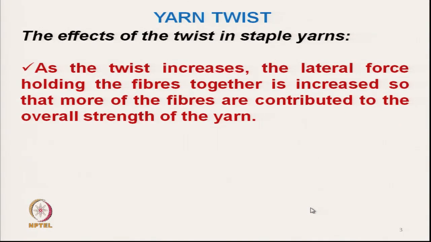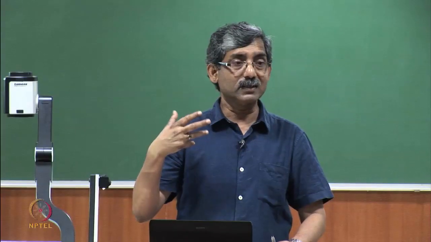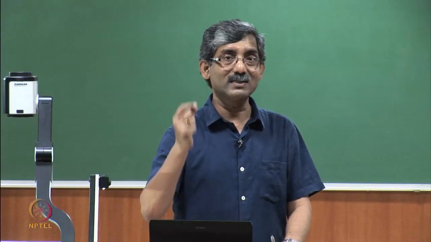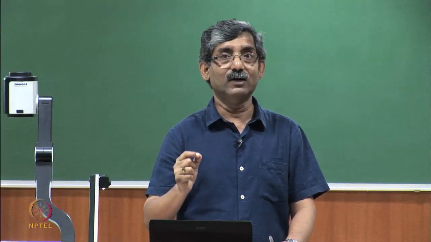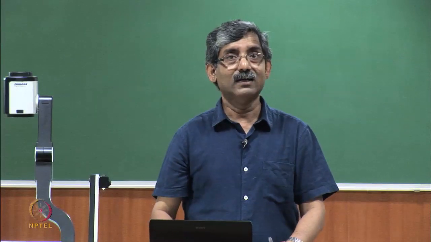Now, the effects of twist in the staple yarn. As the twist increases, the lateral force holding the fibers together will increase, which we have explained. So, the fibers' contribution towards yarn strength will increase, so that overall yarn strength will increase.